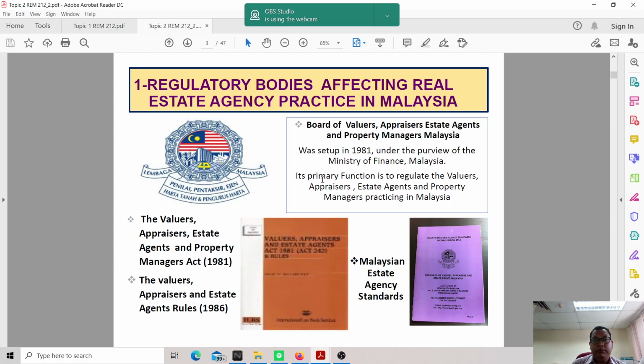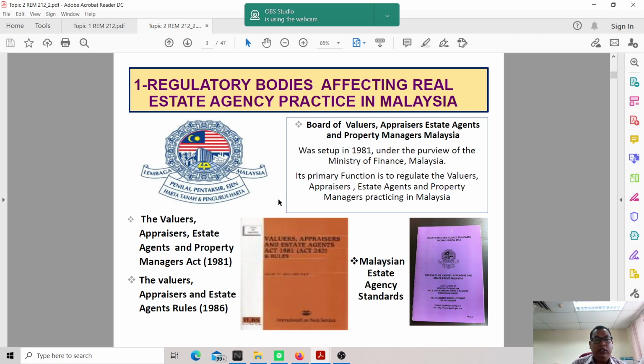Okay, so its primary function is to regulate the valuers, appraisers, estate agents and property managers practicing in Malaysia. We have to follow all of their circulars and bylaws, because they get their power from the Act. So in any legal procedure, the Act is the most important binding document in our country.